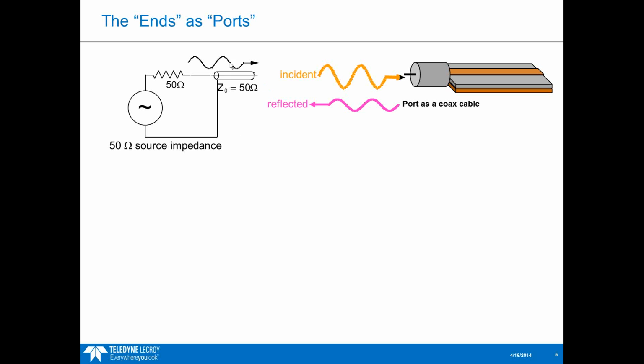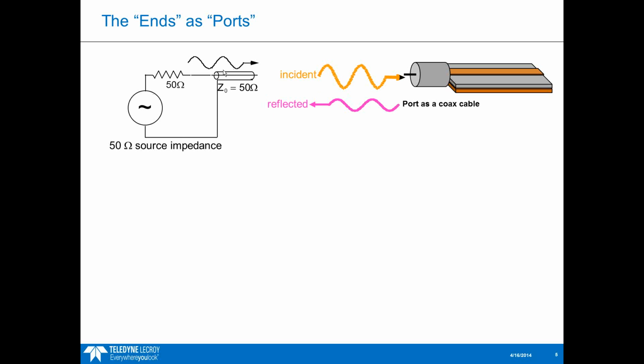And then on the left-hand side here, we have our network analyzer, which also has a port on it. That has a precision 50 ohm impedance port, and this is going to act as our signal source and also going to measure the reflected signal.